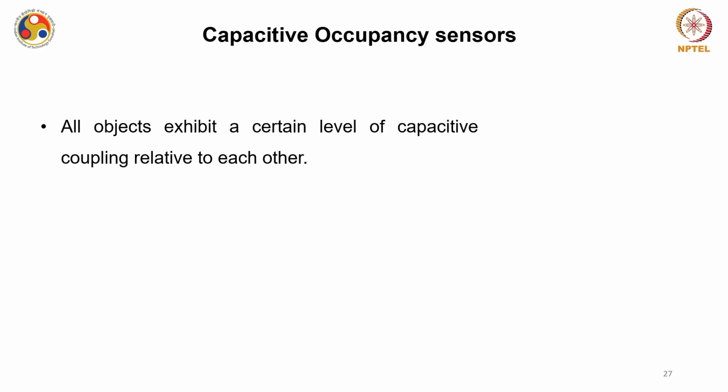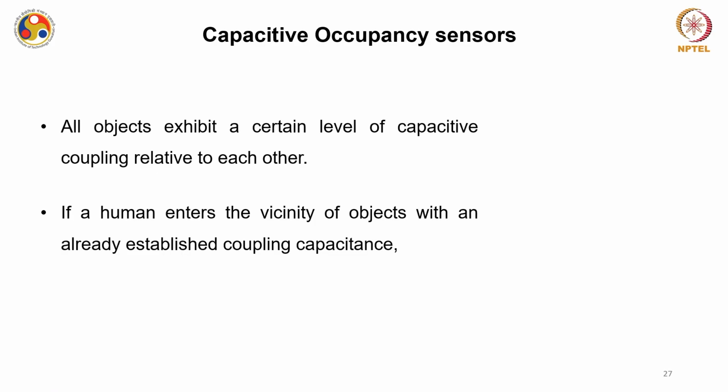All objects exhibit a certain level of capacitive coupling relative to each other. If you are sitting in the classroom, you are also making some kind of capacitance with the desk on which you are sitting, or with metal plates around you, or even with earth.